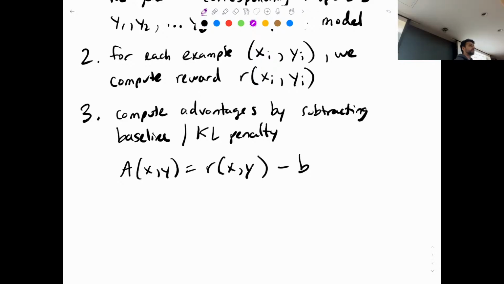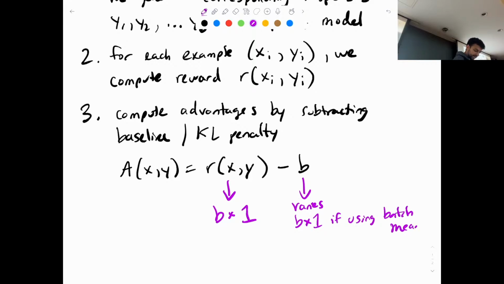Now if we write down the shapes of these different things, the reward is just a vector, right? We have one score from our reward model for every entry in our batch. So we have B total rewards here. But our baseline varies in shape depending on how we implement it. It could be the same dimensionality if using the batch mean or some simpler stats.